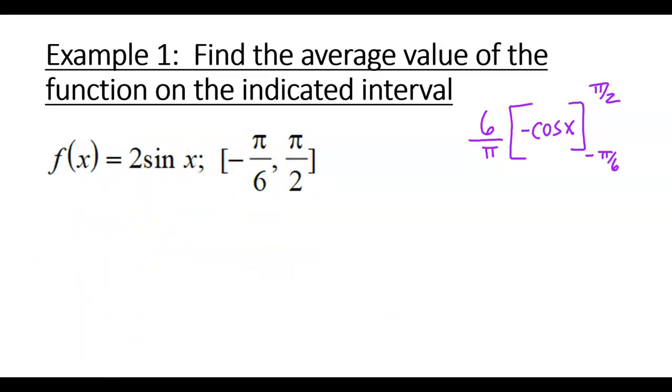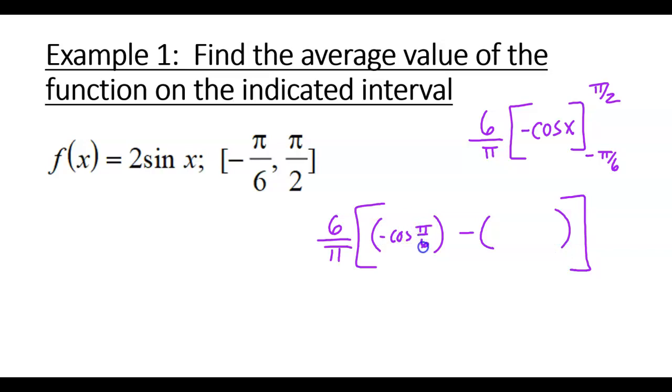So here we go. So we have 6 over pi, parenthesis minus parenthesis, negative cosine of pi over 6, actually negative pi over 6. And then negative cosine of pi over 2.